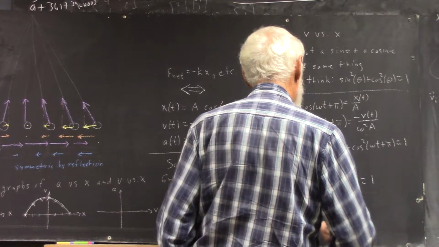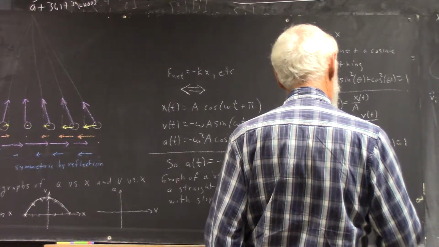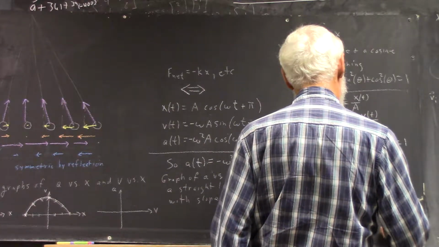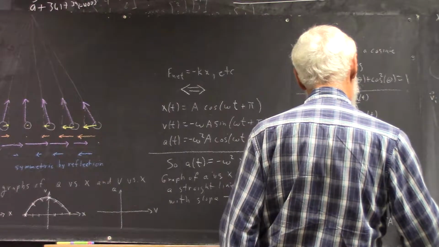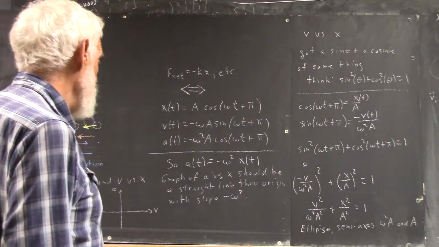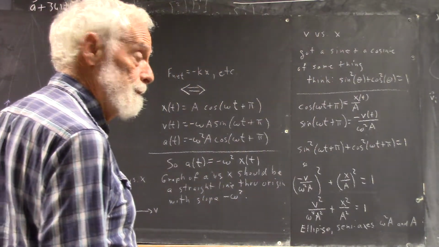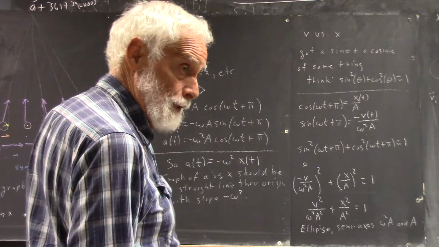The semi-axes omega squared A and A. Okay?